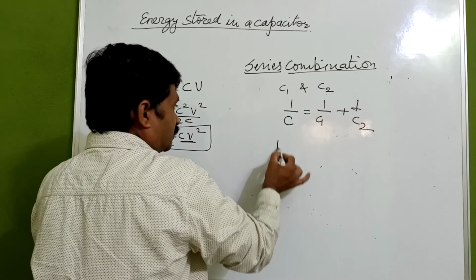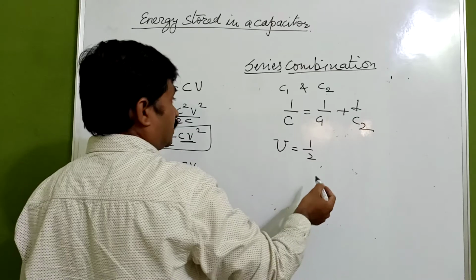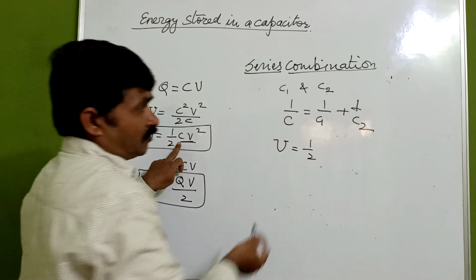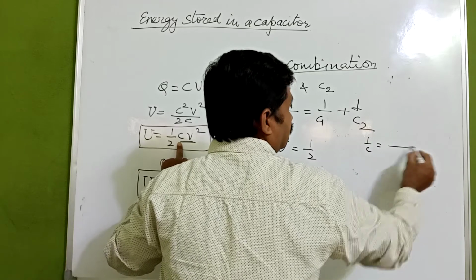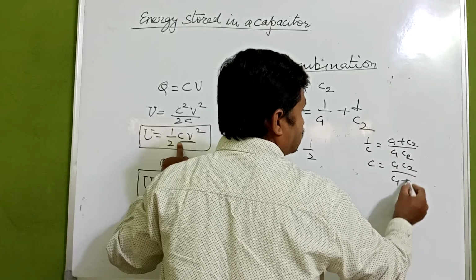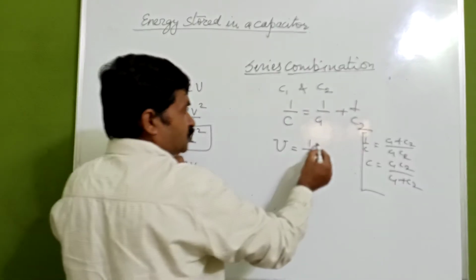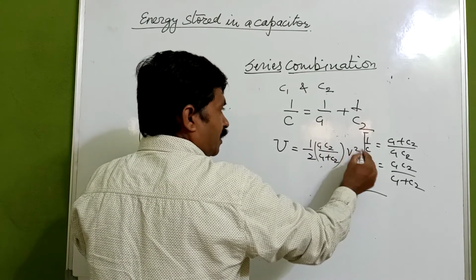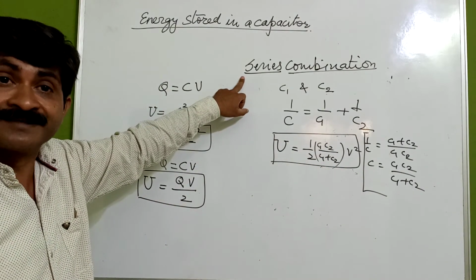So the potential energy will be given by half, and instead of C we can write C is equal to C1 C2 upon C1 plus C2. We can substitute it here. So C1 C2 upon C1 plus C2 into V square gives us the potential energy when they are connected in series.